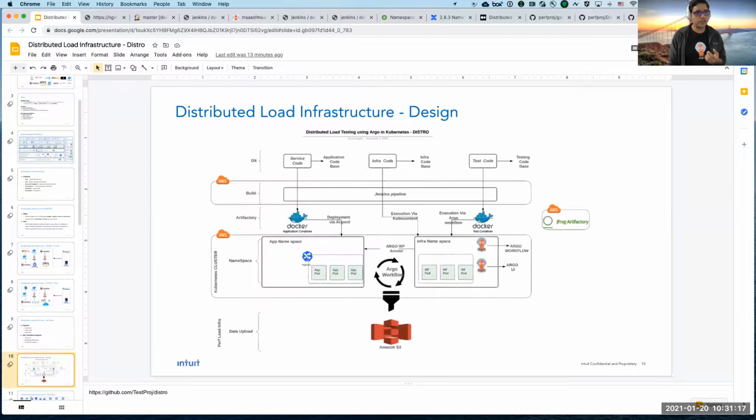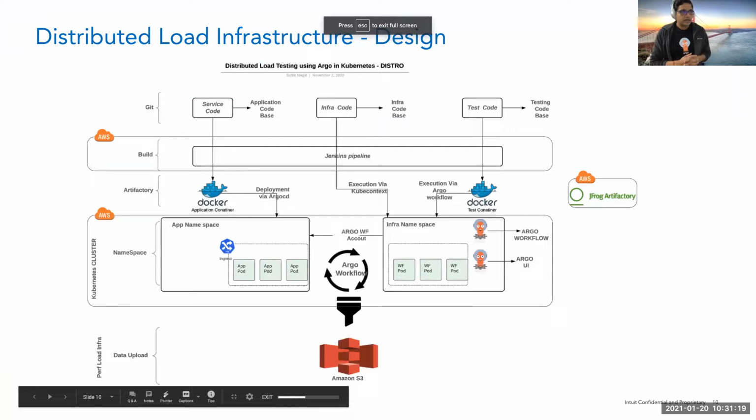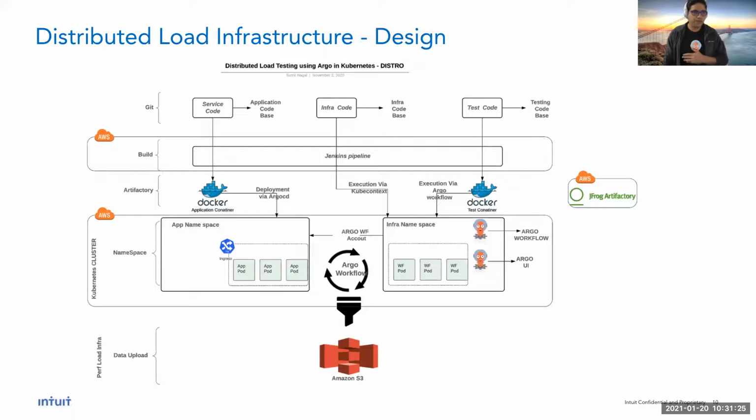So in a nutshell, how does this whole thing work? You have your source code, which is your code in any programming language. We suggest that along with that, you have your test code and your infra code. This infra code is nothing but certain YAMLs and processes for how you want to execute your load distribution. Your test code will create a Docker-based container image.